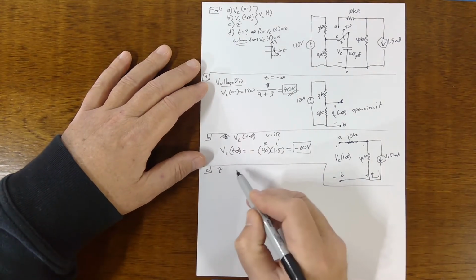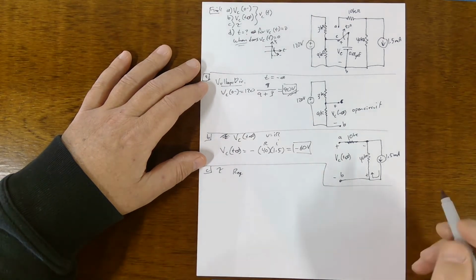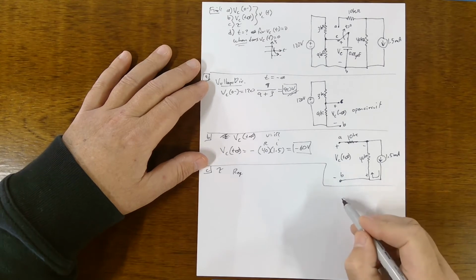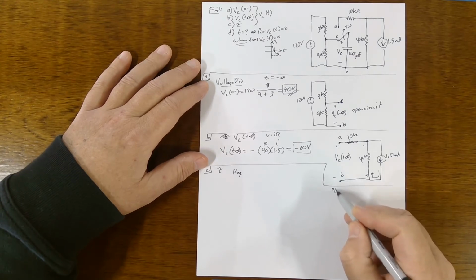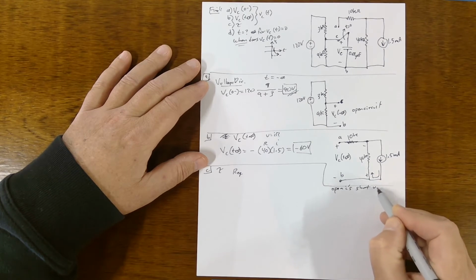Okay, tau. They want us to find tau, so we need R equivalent to find that. So we use the open I's and the short V's.